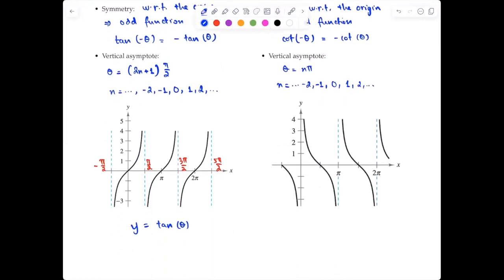Okay, so when you see here, this is the graph of cotangent of theta. Okay, and you exclude the value of theta equal to pi, theta equal to 2 pi, theta equal to 0. Any multiple of pi, right? In this case, n times pi. Okay, so here is the function y equal to cotangent of theta.